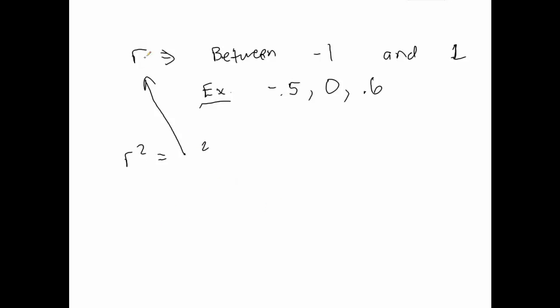But the beauty of r itself is if r is negative, well, that gives us more information than the r squared, because just by knowing that r is negative, that means that as the input increases, the output decreases. So it would have a negative relationship.